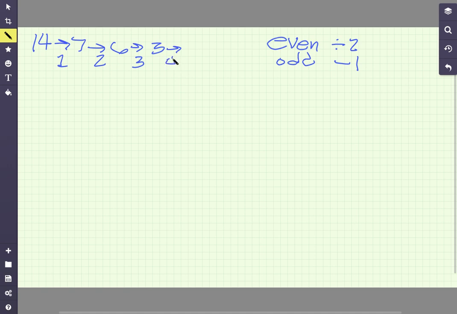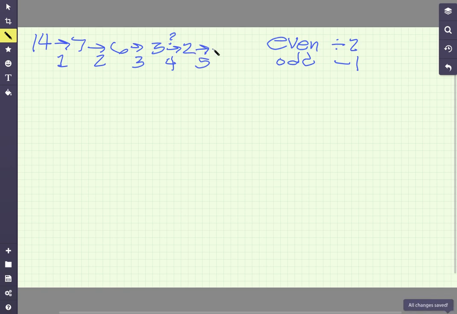Step 4, we are going to subtract 1, so it'll be 2. It's not 0. At every one of these arrows, I guess, we have to ask, is it 0? No. Okay, keep going. So 2, is 2 0? No, keep going.